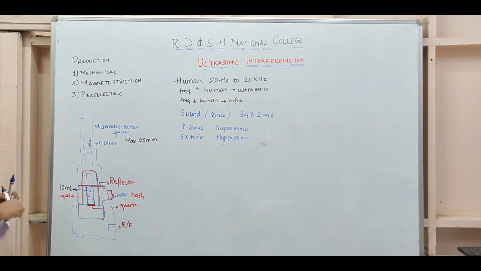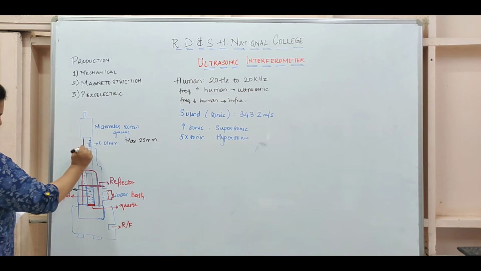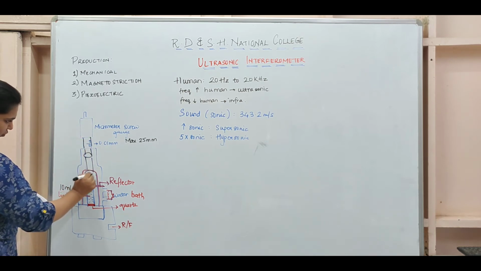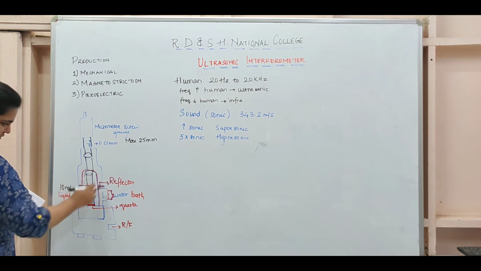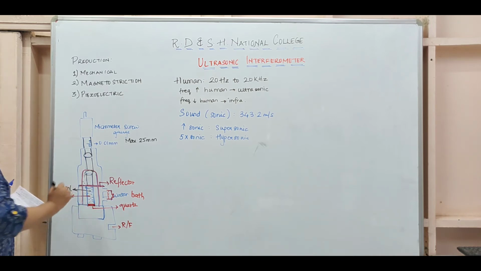Now the frequency will already be set by us. At the known frequency, you produce piezoelectric waves, which in turn give us ultrasonic waves. This cylinder is movable, so the pressure on the liquid can be changed.